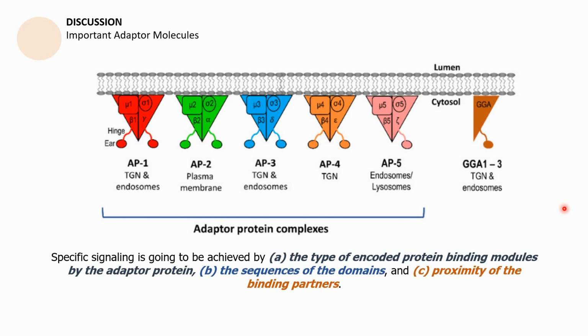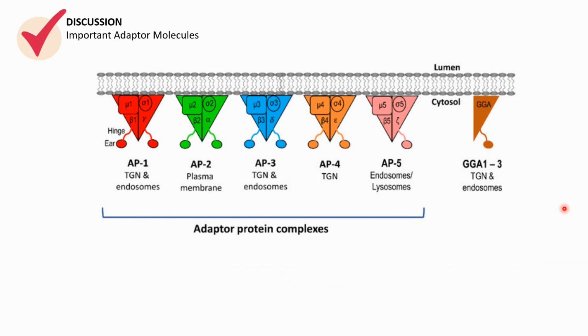The second one, the sequences of the domains. And the third one, the proximity of the binding partners, yung distance nila from each other. So, the high specificity of a transduction pathway or a cell signal is achieved mostly because of these adapter proteins.